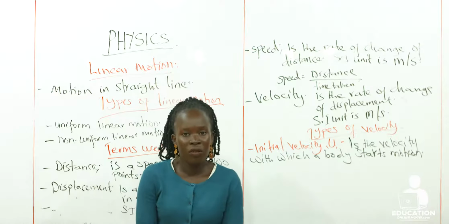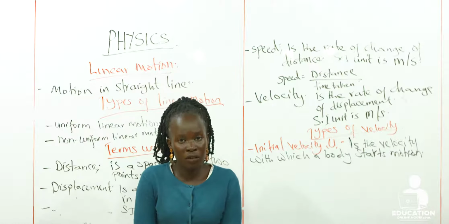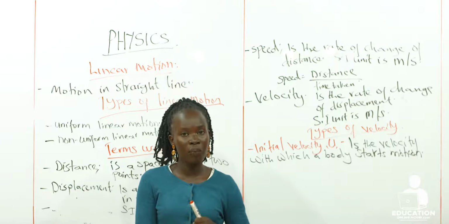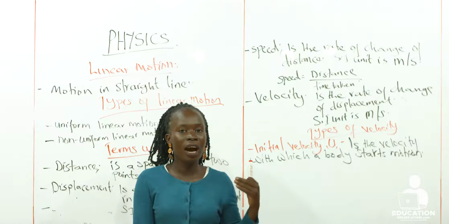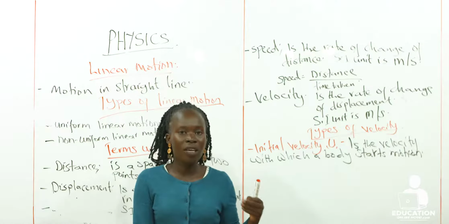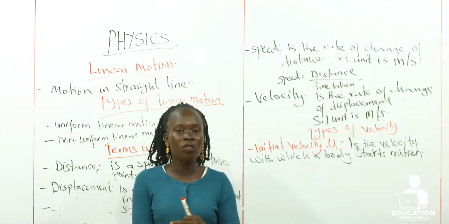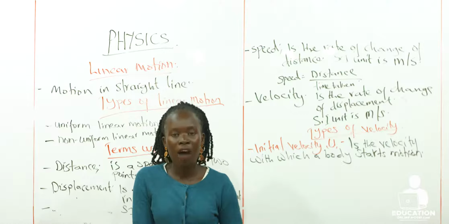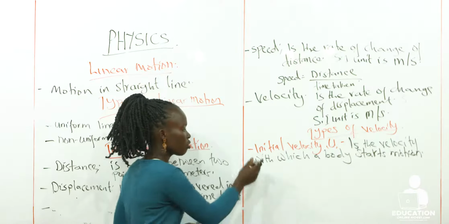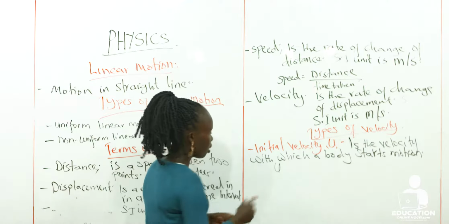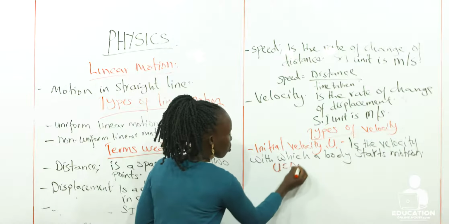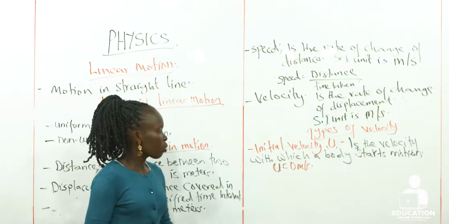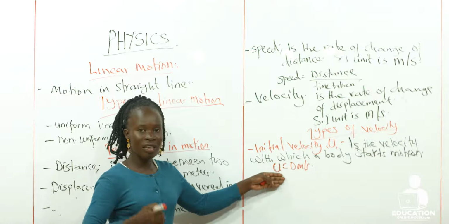What is that velocity if the body is at rest? When the body is at rest and starting to move from that point, the velocity it had was 0. So it is starting to move from a velocity of 0. That means that for a body at rest, our initial velocity u will be equal to 0 meters per second. So this one is when the body is at rest and it's starting to move.